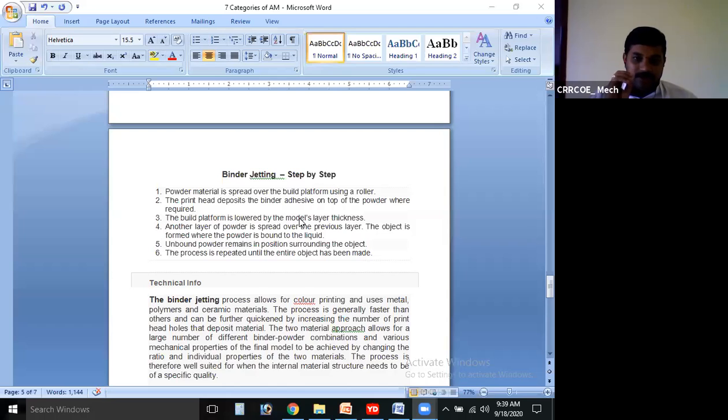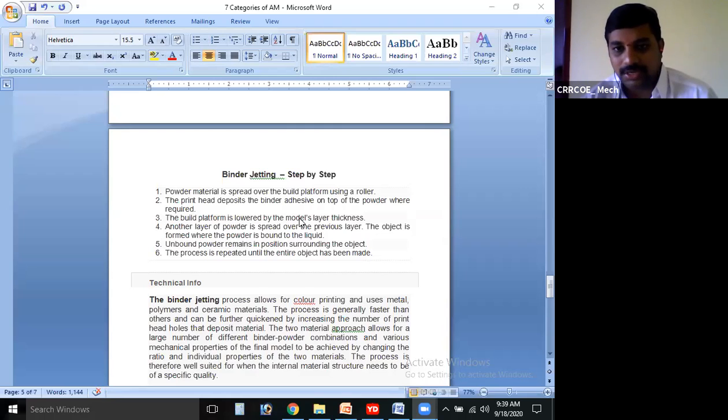The time required to complete the part building is one more factor, that means the speed of part building, and the material as I discussed, and the size of the component also plays an important role.